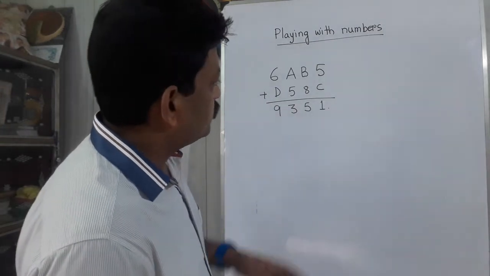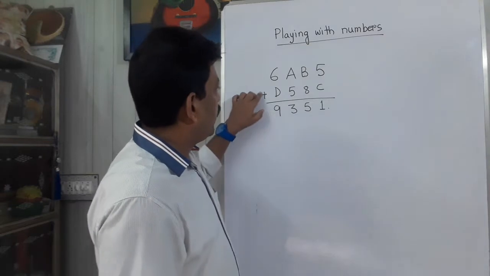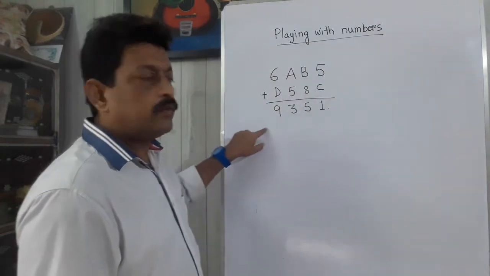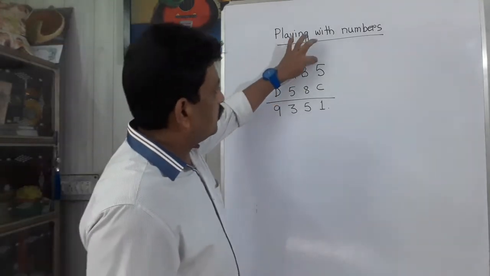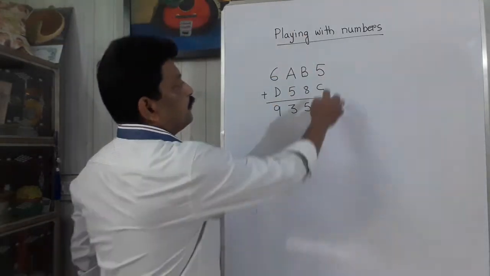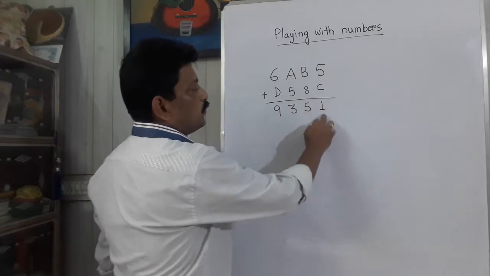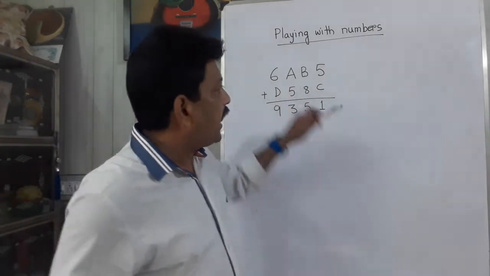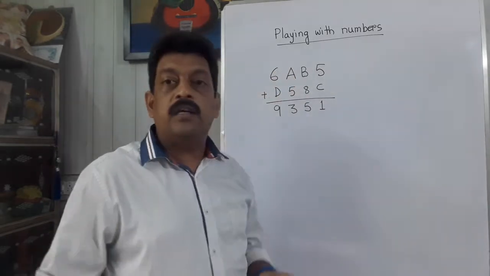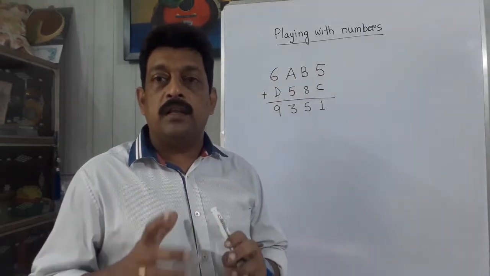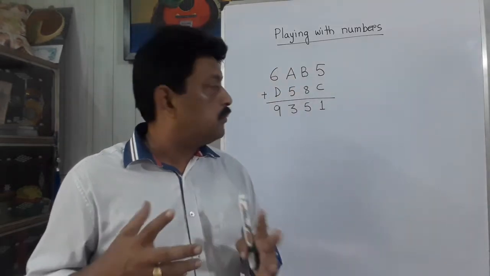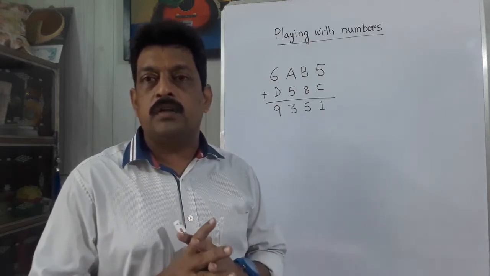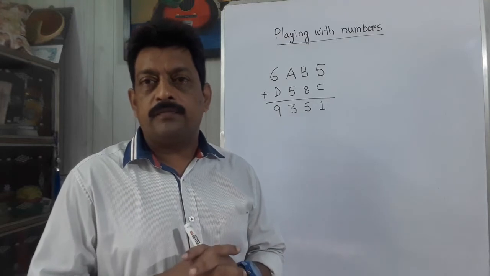Okay, so let us start with the first number. We have to add these two 4-digit numbers to get this result 9351. Now see the number at the unit place. 5 plus C gives 1 at the unit place. Now guess which number when added with 5 gives 1 in the units place. 5 plus which 1-digit number?